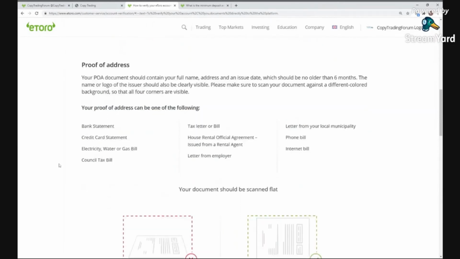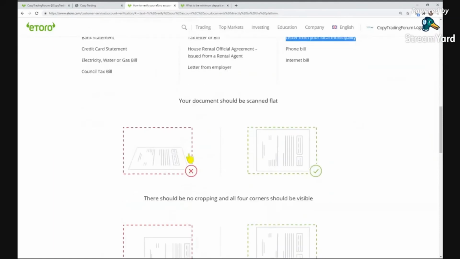You can take a picture on your phone. Proof of address can be one of the following: a bank statement, a credit card statement, a gas bill, water bill, council tax bill, tax letter or bill, official house rental agreement issued by a rental agency, a letter from your employer, or a letter from your local government, or a phone bill or internet bill.